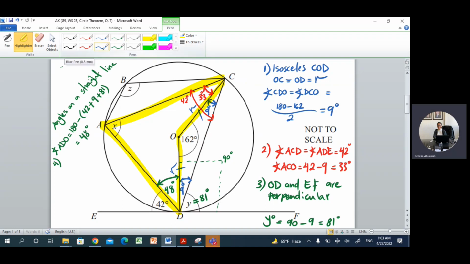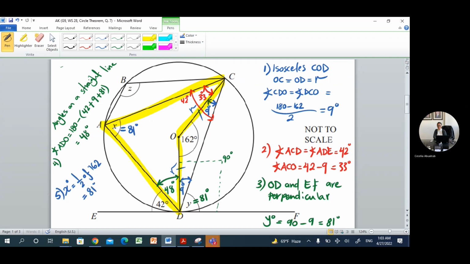So step number 5, we're going to say that angle X is equal to half of the angle at the center, which is 162. And accordingly, the answer here will be 81 degrees. So this one is equal to 81 degrees.